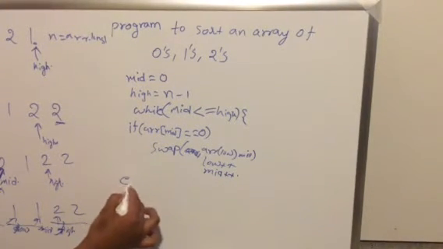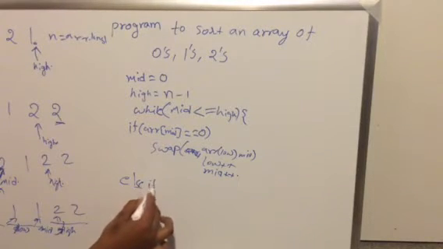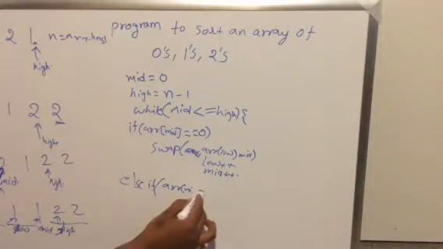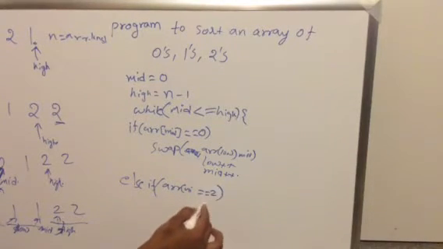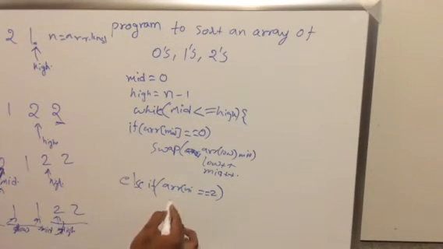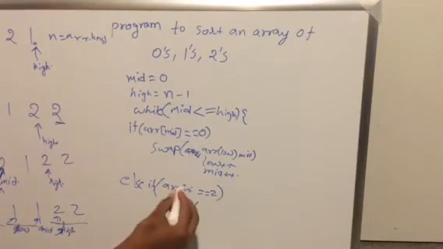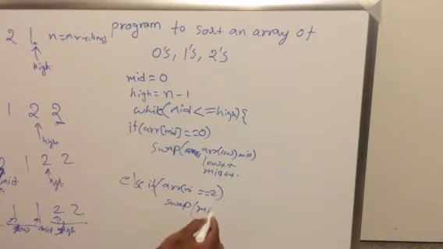Else if array of mid is equal to 2, then swap mid and high, then decrease high.